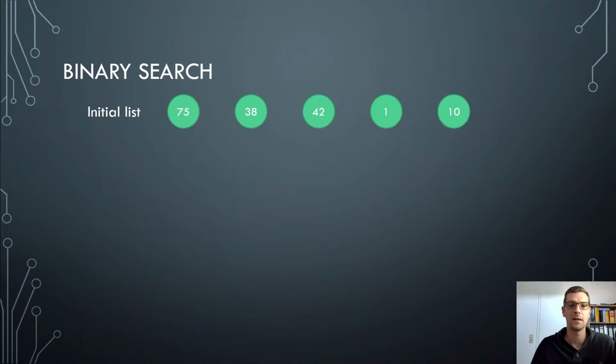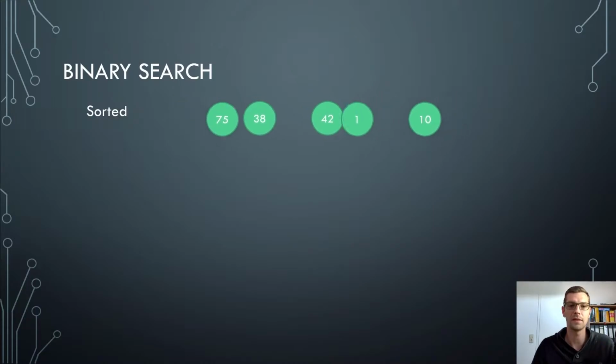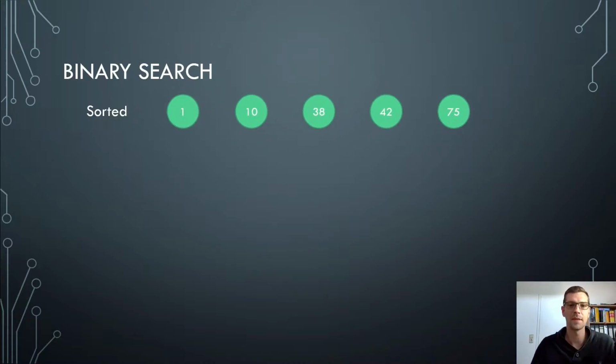Because if we are in the middle, 42, and we compare it to our search value, let's say we search for 1, then we can't say the 1 is left or on the right side for sure, so we can't divide our array. But if it is sorted like this, then imagine we want to search for the 1 now.